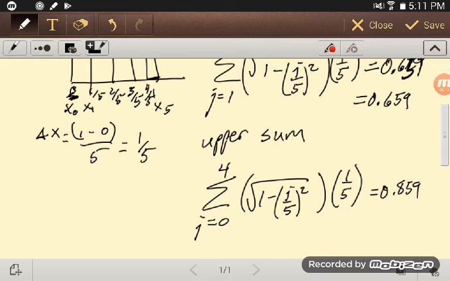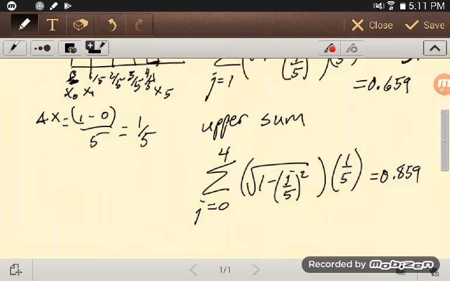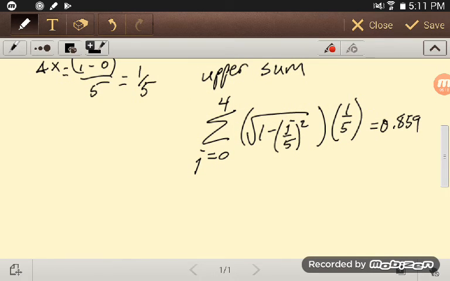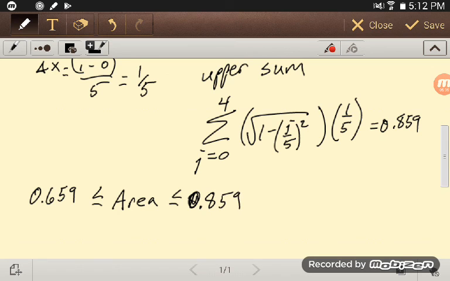But so this is, that our actual area is at least as big as 0.659 and no bigger than 0.859. Okay, so that is number 36.